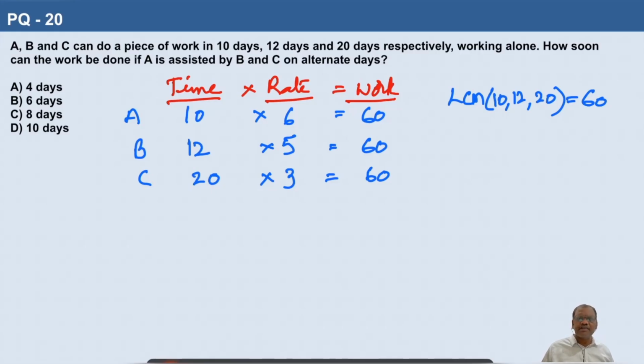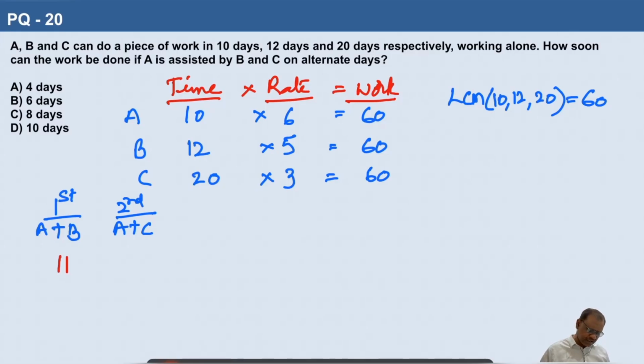So here it is given in the question, A is assisted by B and C on alternate days. So that means on the first day, A and B work, and second day A and C. So A and B together they can complete 11 units on the first day.